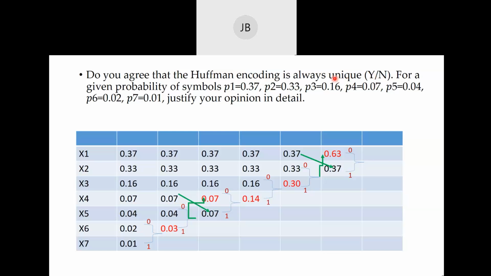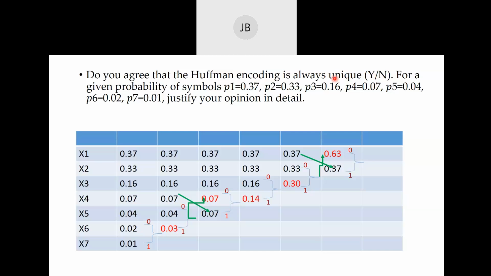We will put a newly formed symbol at the top if there are 2 symbols having the equal probability value. It is also possible that the newly formed symbol can be placed at the bottom. By using these 2 schemes, when we do the coding, it will not be unique. The entropy can be unique, but the coding need not be unique. Sometimes it may be unique, but not every time.